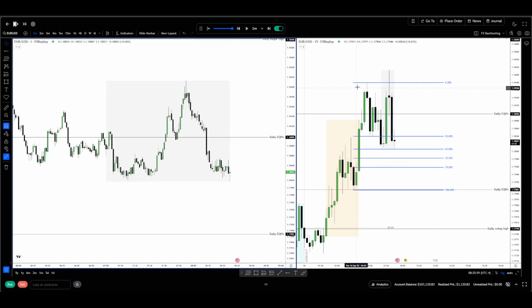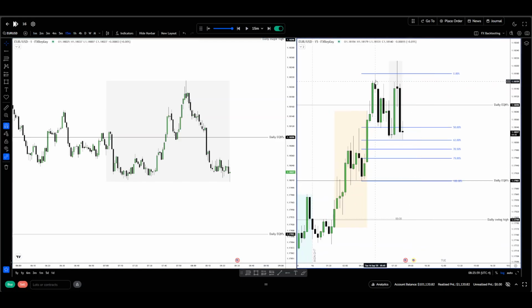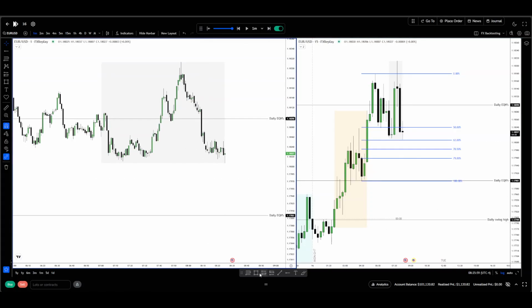So price once takes out this high, turtle soup also takes out this high, created by this low, but it was already taken. This high was created by this low, so we can expect this low to get taken out, which happens right now. So we're back inside of this fair value gap, like so.